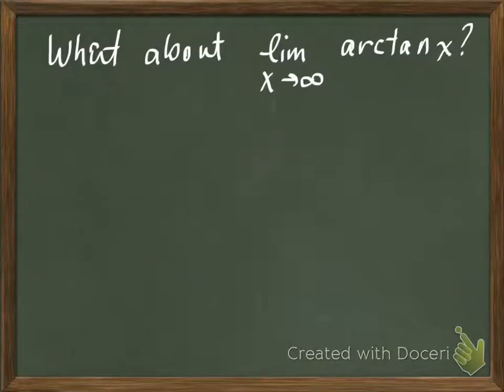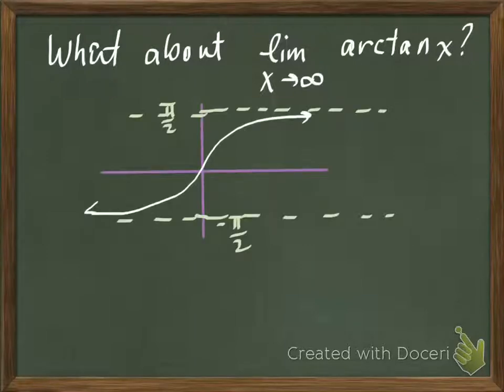What about the function arctangent of x? What happens when we take the limit as x goes to infinity of that function? The graph of arctangent looks like this. It's sandwiched between negative pi over 2 and pi over 2.